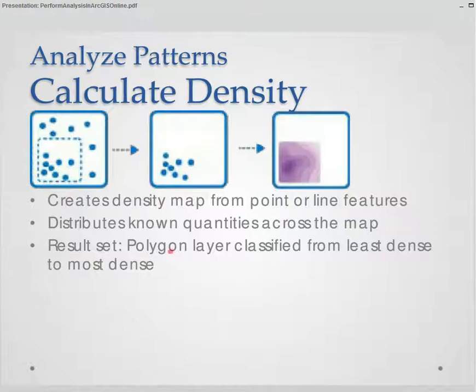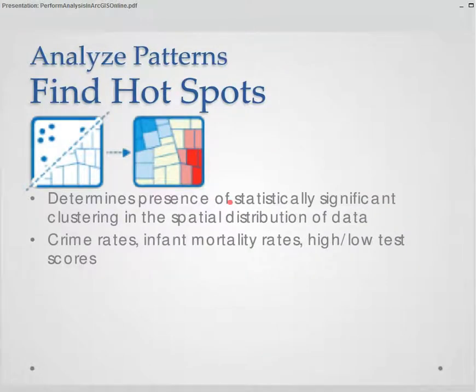All right. So again, you're getting a polygon layer classified from the least dense to the most dense. The darker the area, the denser. You can also find hotspots using this tool. Again, you're looking for statistically significant clustering in the spatial distribution of the data. In other words, where it's happening in terms of location.